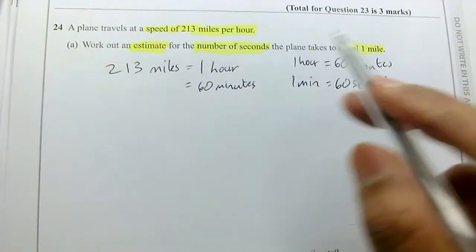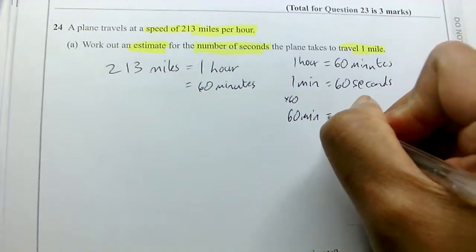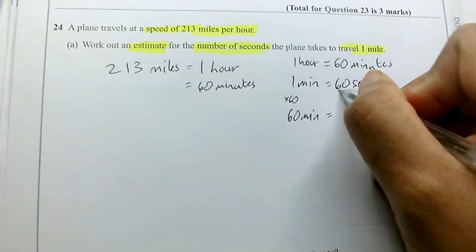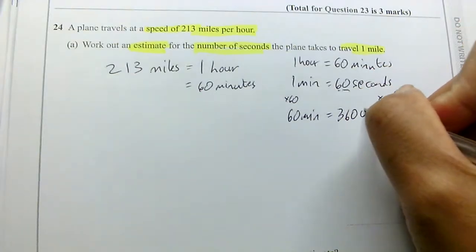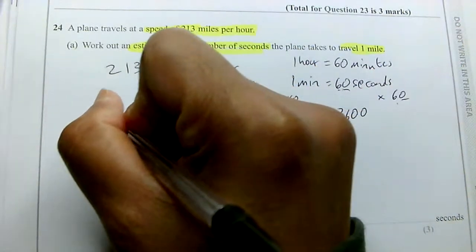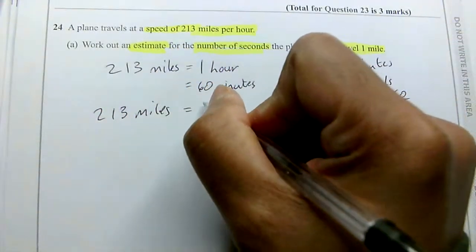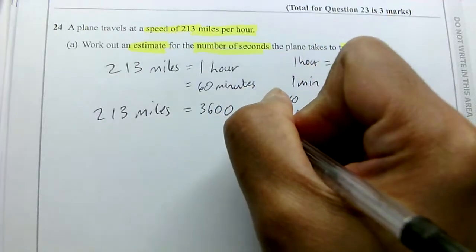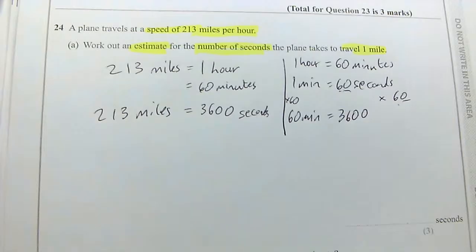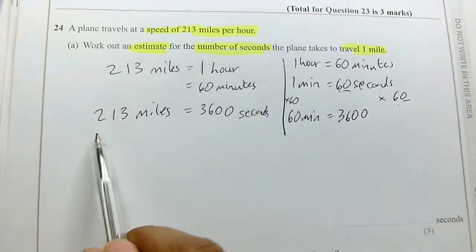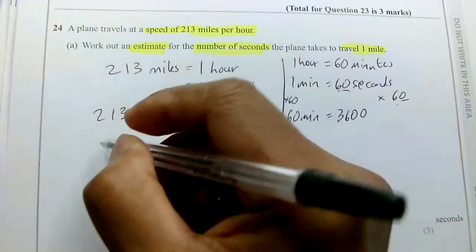So we've got 60 minutes, so times that by 60. 60 minutes equals times this by 60. 6 times 6 is 36. And I've got 2 zeros. So I've got 213 miles in 3600 seconds. So the next thing, if I think about it, is I'm estimating, so I can round this down. So this can become 200 miles.